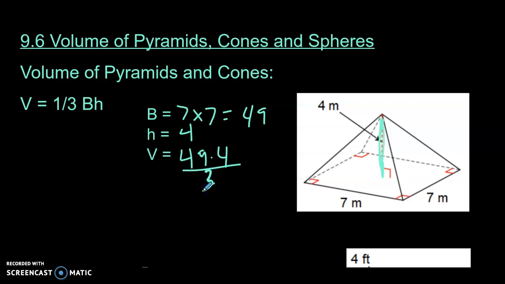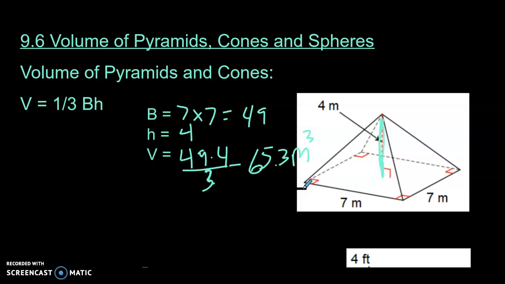Either way, you'll get the same answer, which leads us to a solution for the volume of this pyramid to be 65.3 units. And again, we're talking about volume, so when we label this 65.3, we're going to label it in meters cubed. That's meters to the 3rd power. So our final answer is 65 meters cubed.